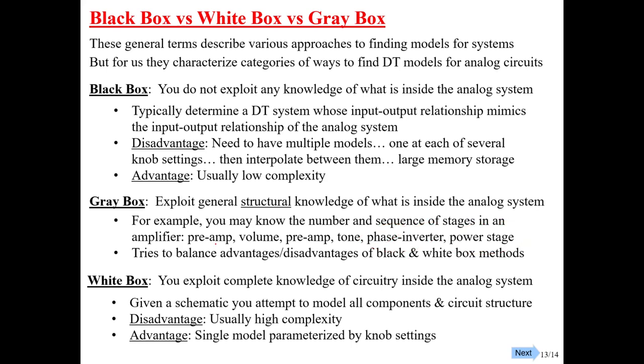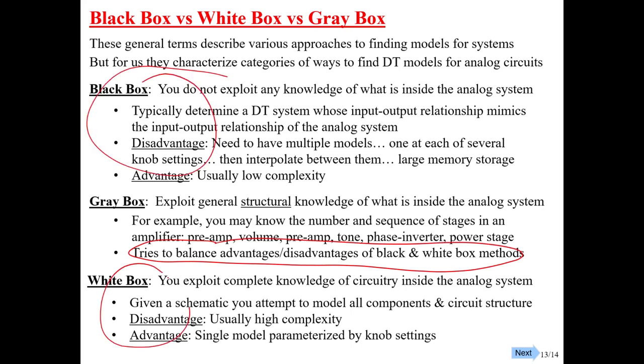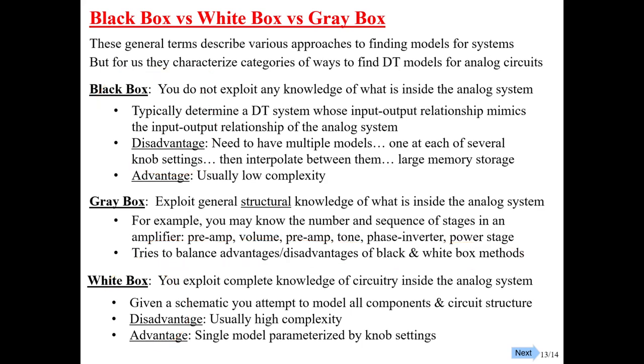And so the goal here is sort of to fit between the black box and the white box and get some of the advantages of both and try to mitigate disadvantages of each of them. So that's the idea. As we go through these things, I'll point out where we're talking about in this spectrum, but keep that in mind as you think about other things that you might be interested in.